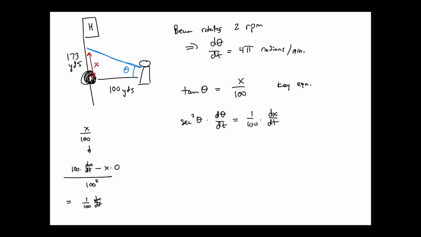We're interested when the beam hits the hotel. So at that moment in time, we have 100 and 173 here, and this is our angle. So we need to know the secant of theta at that moment in time. What do we know? We know the tangent of theta.